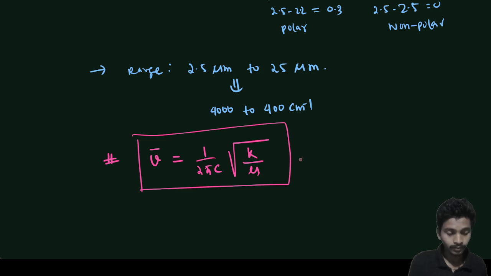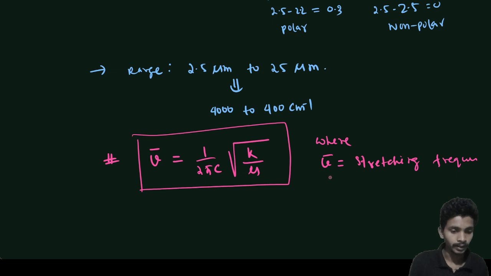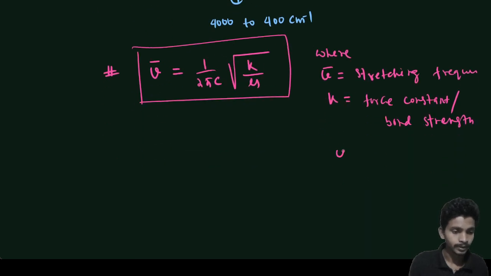We have to remember this formula. Here ν̄ depends on the stretching frequency, k represents the force constant or bond strength, and μ represents the reduced mass.